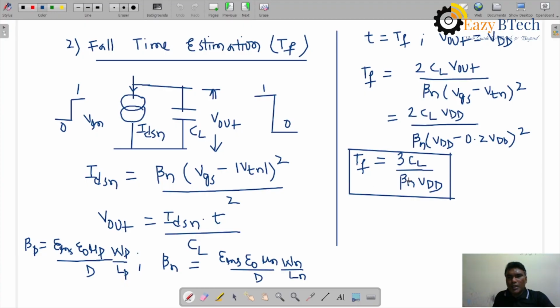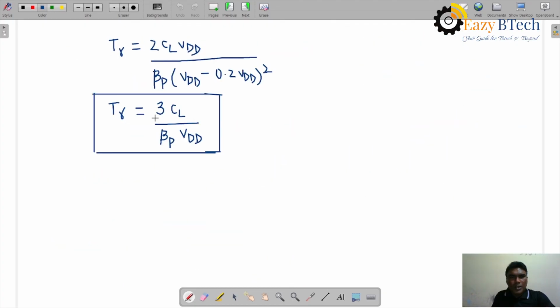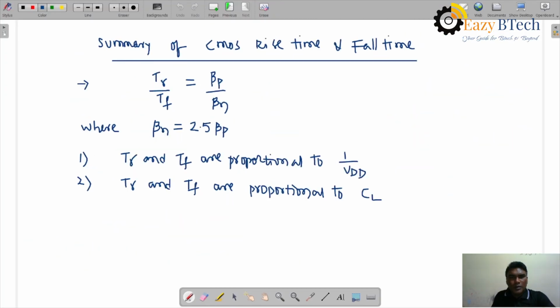If you see this one, there is an inverse relationship with 1 by VDD and direct proportionality to CL, right? Both TR and TF are proportional to CL and proportional to 1 by VDD, right?